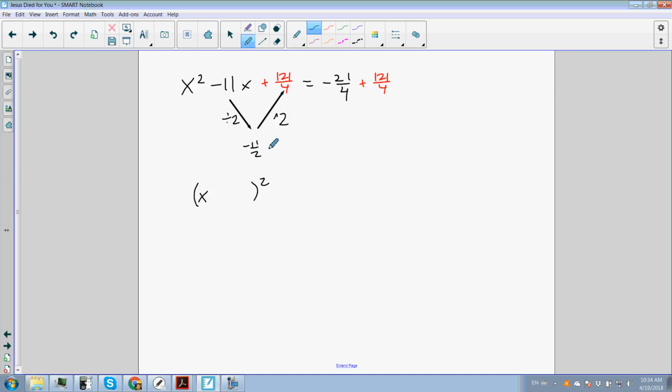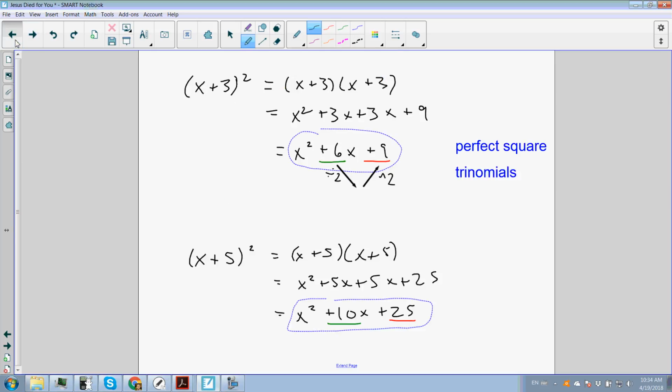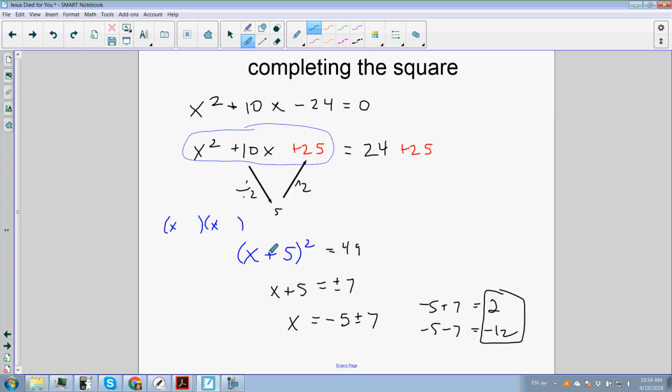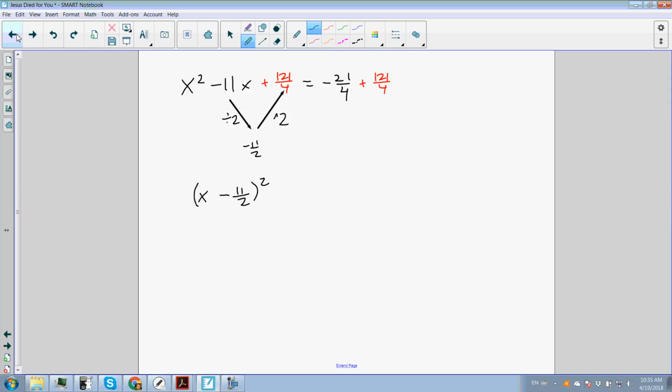Well, half of the x coefficient is the constant in the binomial that's being squared. Look here, 5 is half of the 10. So when you divide the x coefficient by 2, that number is the constant in the binomial that's being squared.